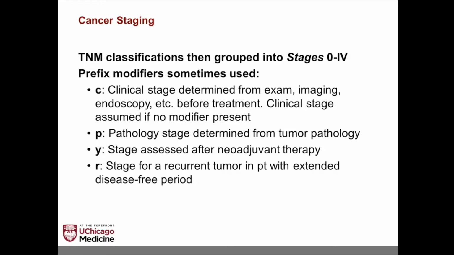So we sometimes see prefixes up to three letters long. You might see something in a chart like ypr T2 N1 M0 or even MX, head and neck cancer, which would define a cancer after it has received some treatment in the recurrent setting and then been resected from a pathologic perspective, but the metastatic compartment has not been evaluated.